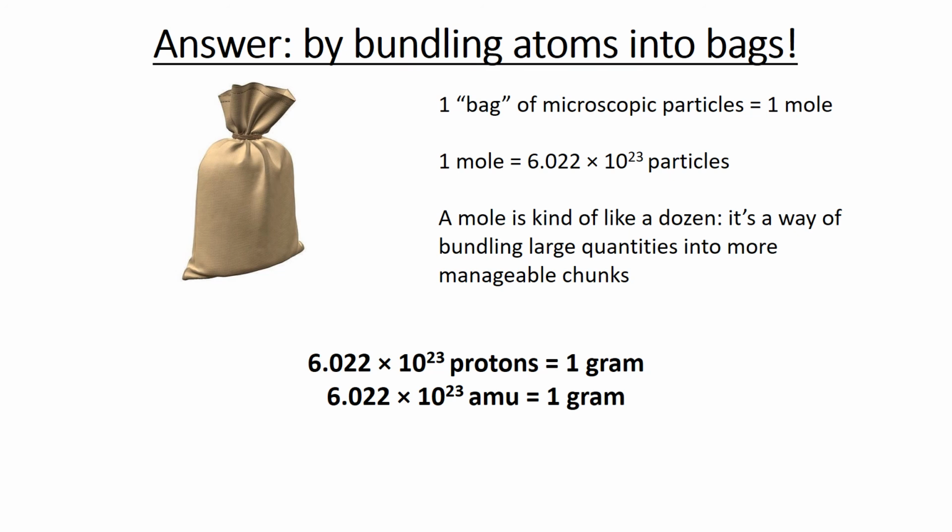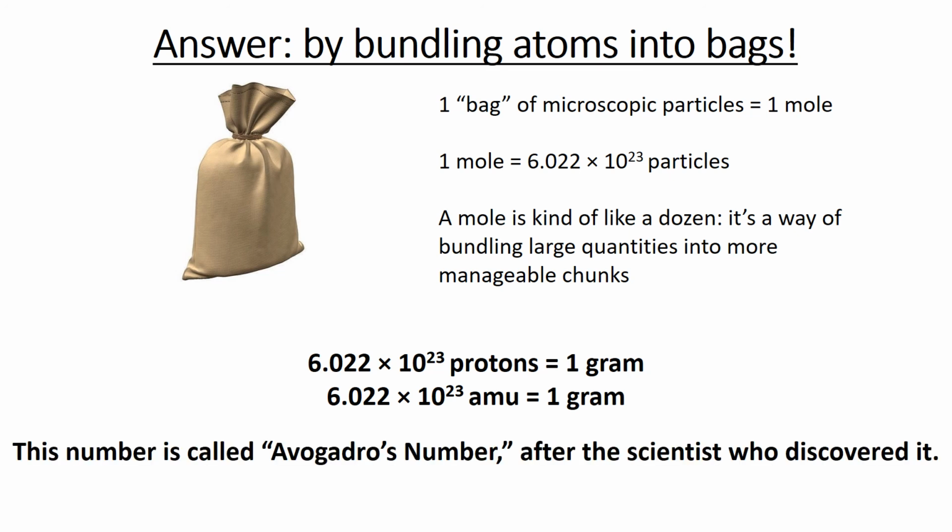So 6.022 times 10 to the 23rd atomic mass units are in 1 gram. The reason we use this number is that, as we'll see later, it makes our unit conversions very, very nice. We define the number so that a mole of protons weighs 1 gram.